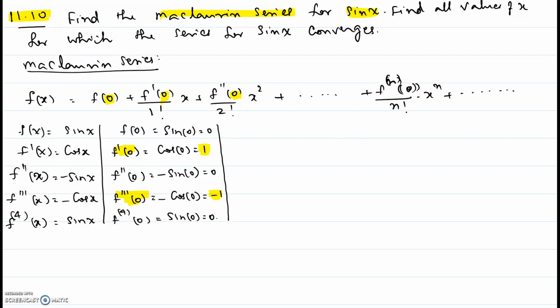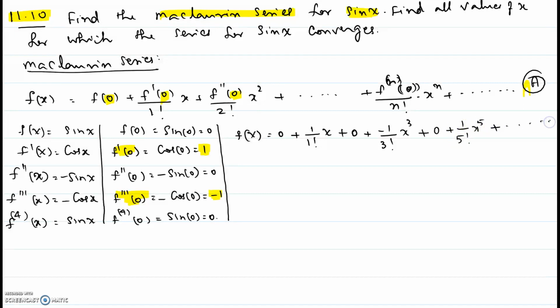So if we plug all the values from the table into step A, we get f of x equal to 0 plus 1 over factorial 1 times x plus 0. Then the third derivative would give negative 1 over factorial 3 times x cubed and so on. The next term is 0, and the next would be positive 1 over factorial 5 times x to the 5.